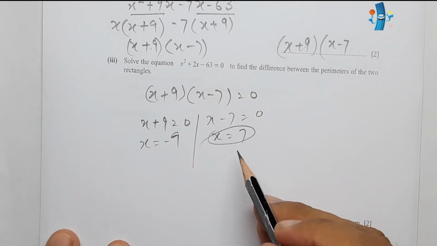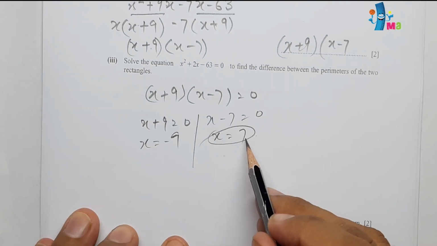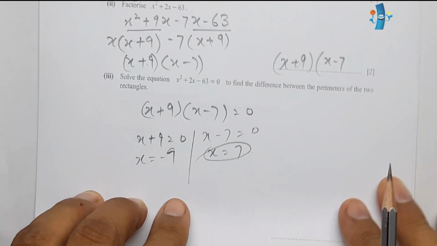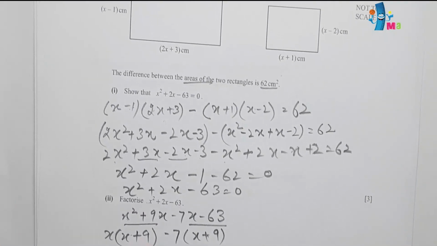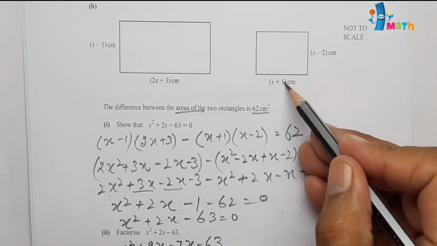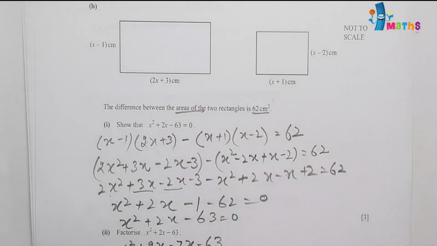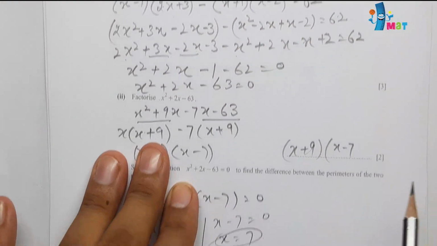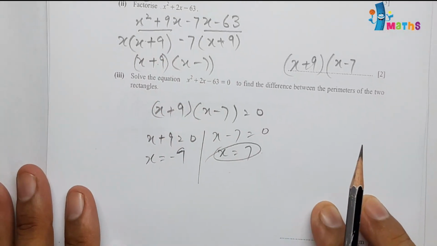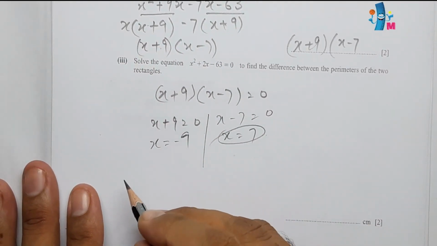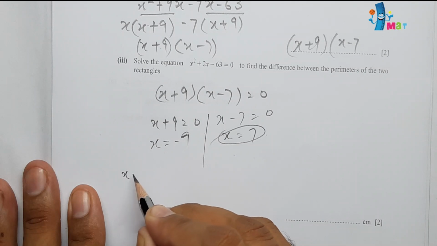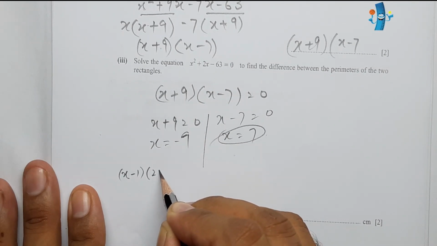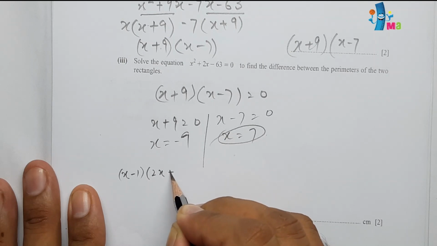Because length cannot be negative, we are taking 7, so we will replace this 7 value in both the rectangles. These values we will replace, and we will check the difference. If we replace in this bigger one, it will be 7 minus 1, so this will be the value for this one, x minus 1 into 2x, basically perimeter, right?